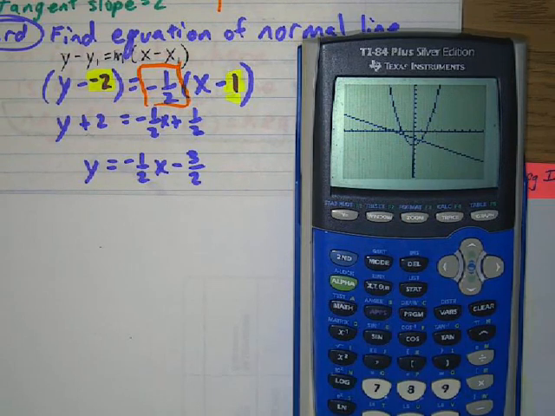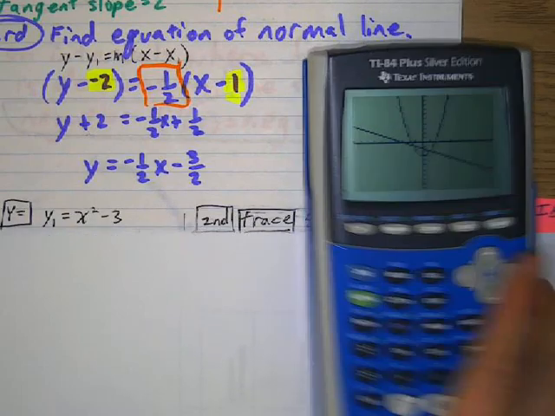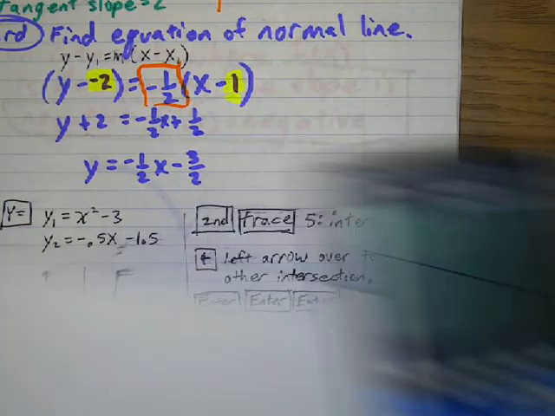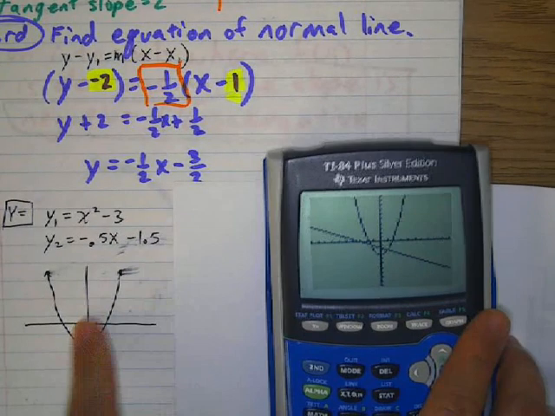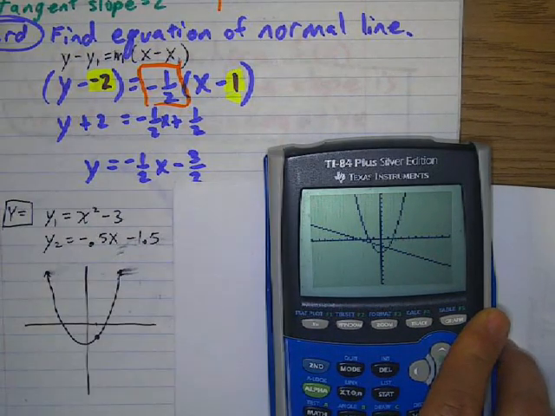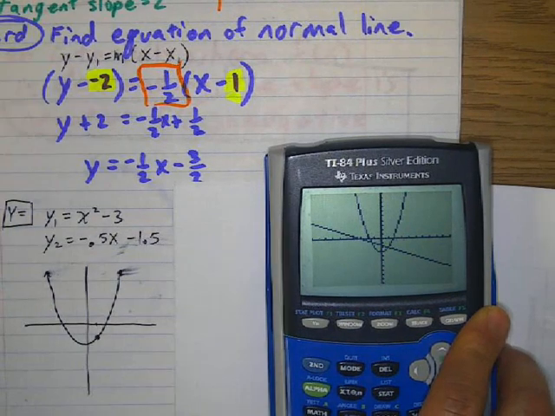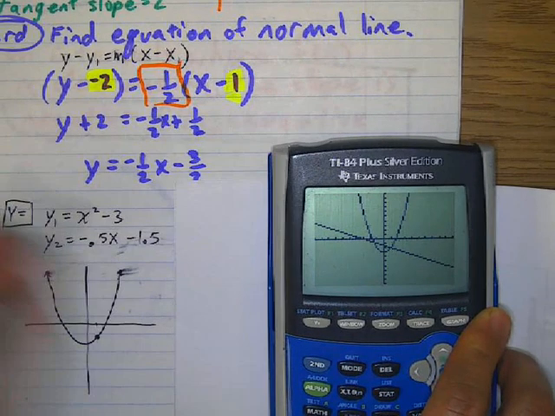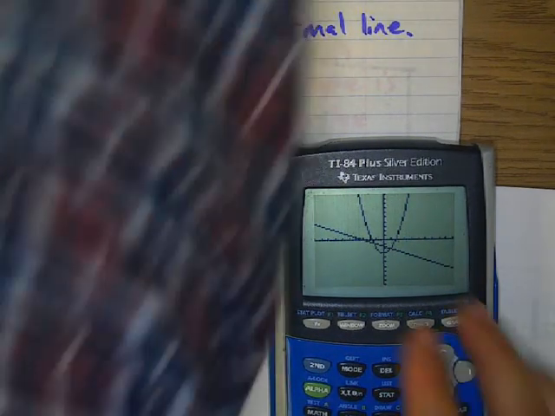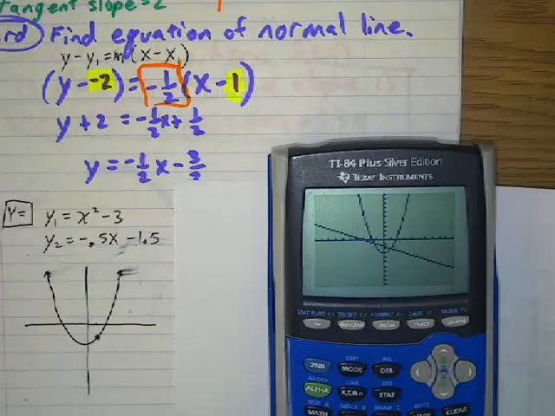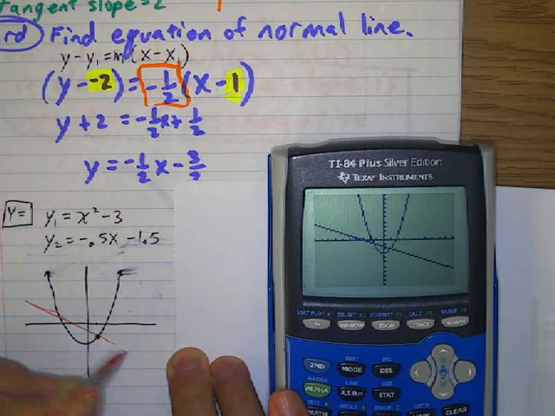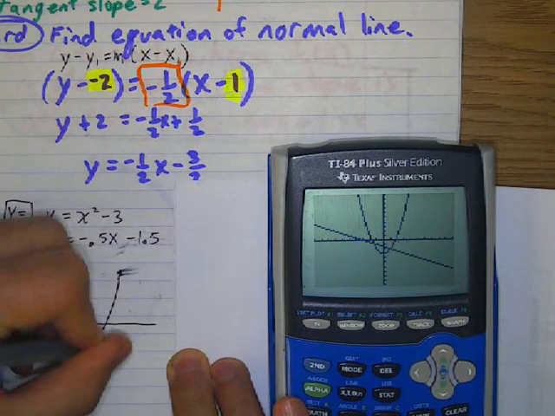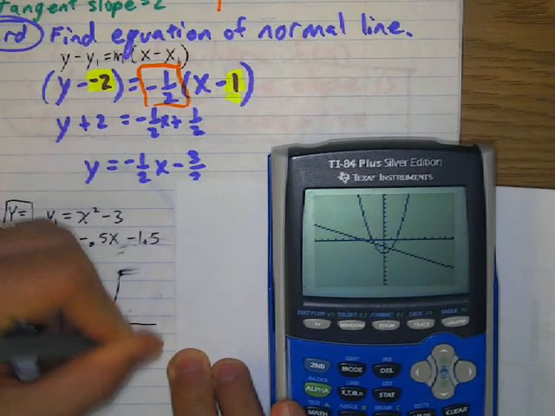So here's what we're going to do. You can see that I've typed in these equations and I've got my graph here. And then I've also entered in, this is my normal equation.